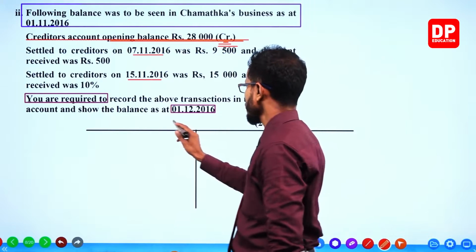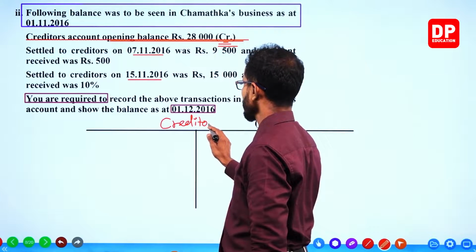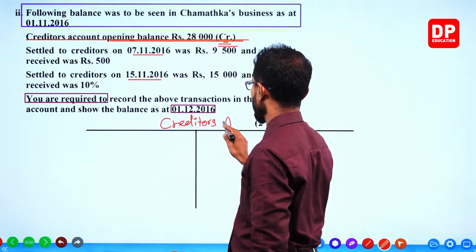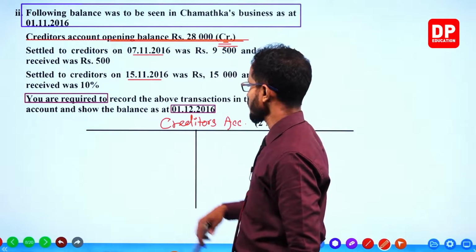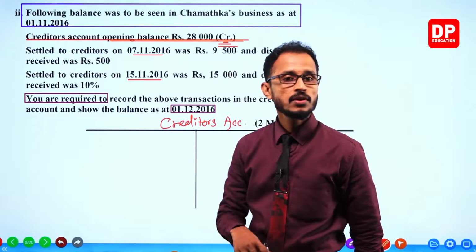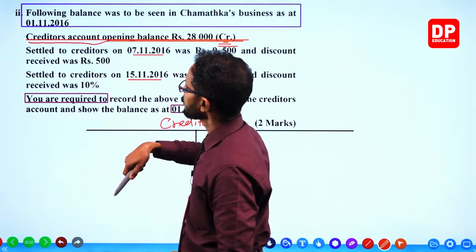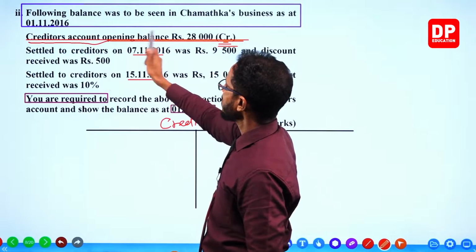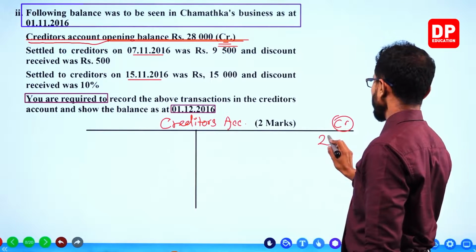Yes, that's it: creditor's account. Because the creditors account balance is given here. Opening balance 28,000, credit side. Put 28,000 to the credit side.